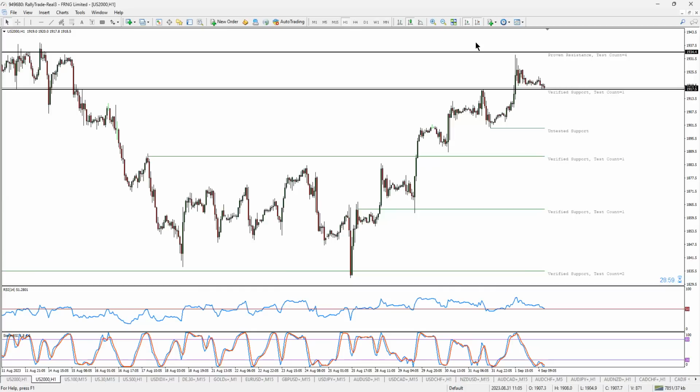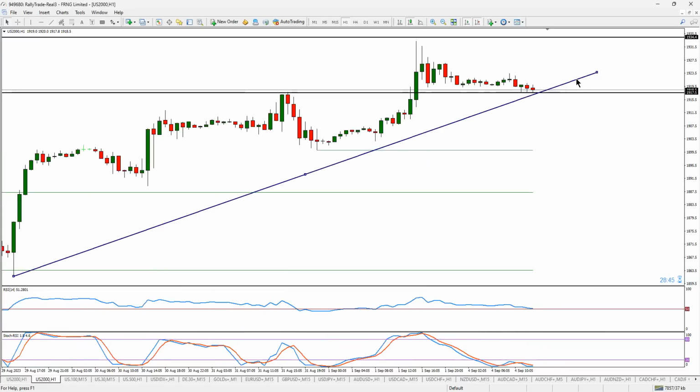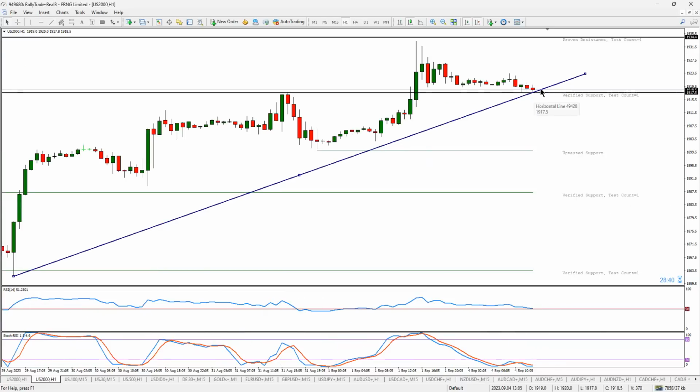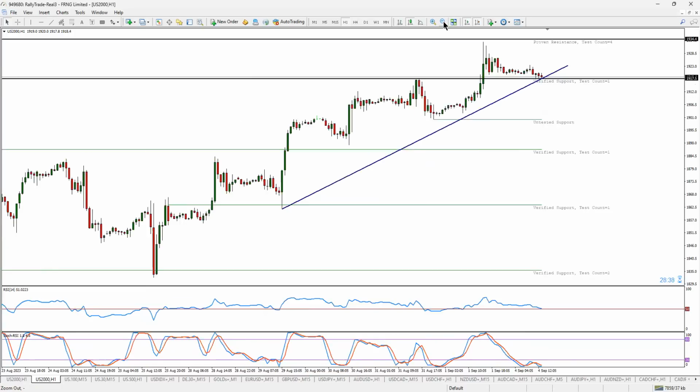Now, ideally, we're expecting something like this. I could link this particular low, or even this one, to this current one here, and try to make it touch this low here. Touch it here, right? Because that is the recent low.